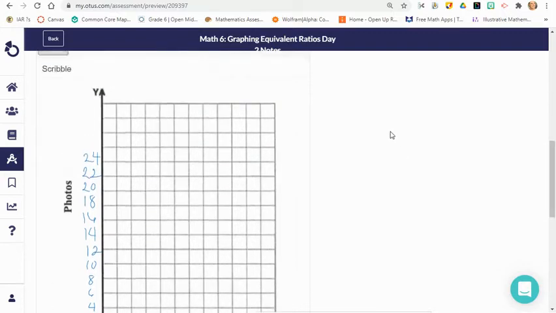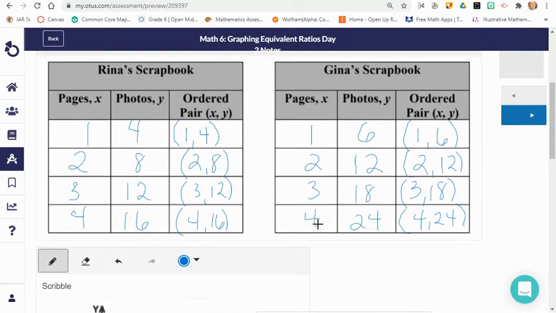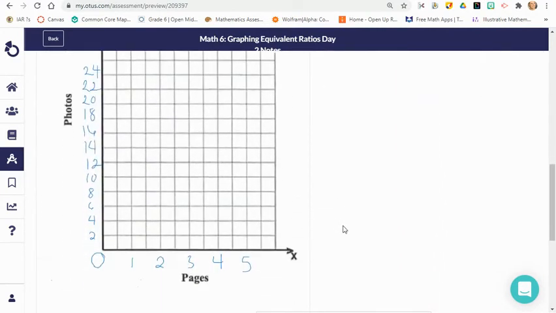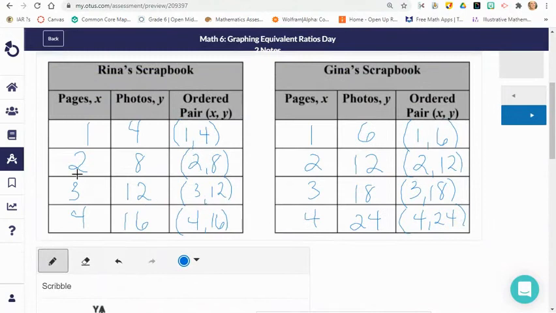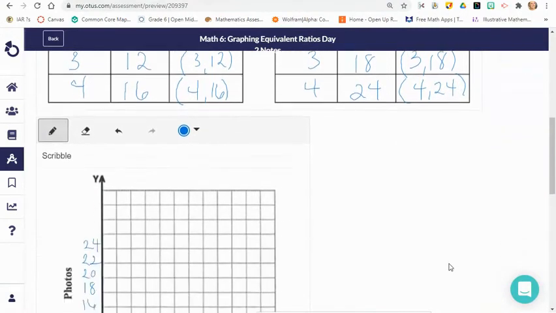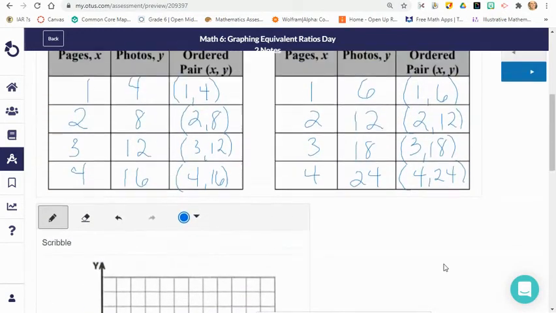And so I'm going to start by graphing Rena's lines, or her dots rather. So 1, 4 is my first ordered pair. So I'm going to go over 1 and up 4. So right there. And then her next one is 2, 8. So I'm going to go over 2, up 8 and graph that one.